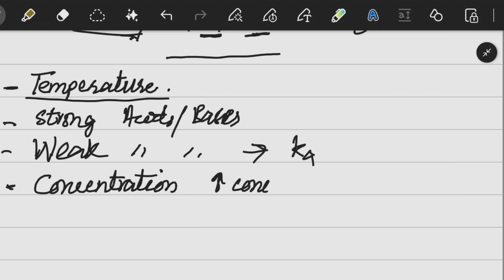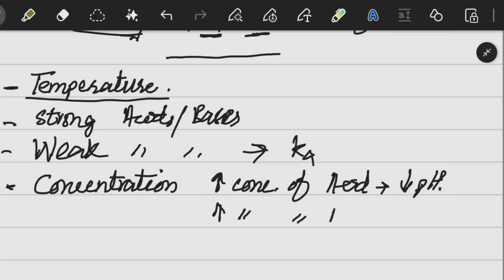The higher the concentration of acid, the lower the pH will be, and the same goes for bases. The higher the concentration of base, the higher the pH will be, because strong bases have high pH.